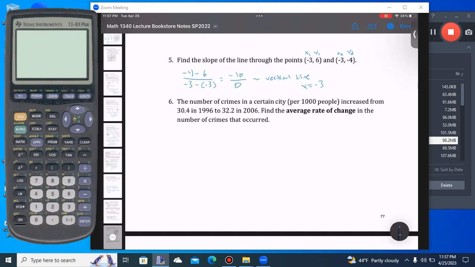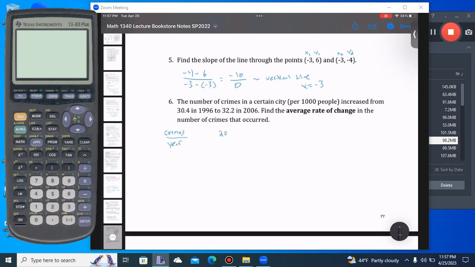All right, so let's say the number of crimes in a certain city increases from 30.4 in 1996 to 32.2 in 2006. Find the average rate of change in the number of crimes that occur. So we're looking for crimes per year.